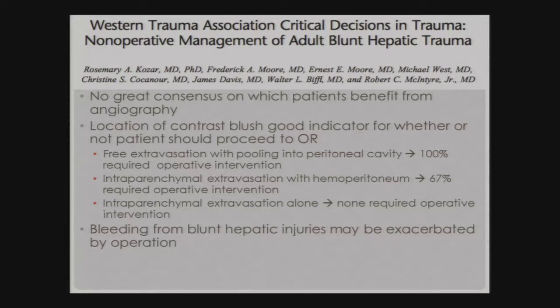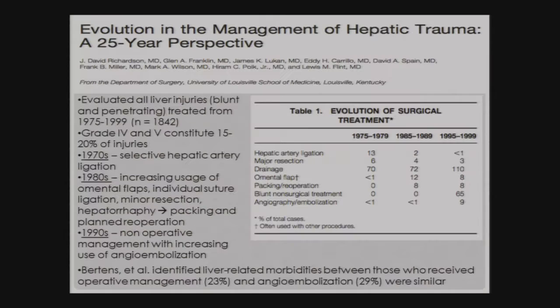And so I found this paper from Louisville that I thought did a very nice job of showing trends in management. Back in the 70s, selective hepatic artery ligation was much more frequently performed. You can see that 13% here, whereas even by the late 90s, that was being done less than 1%.